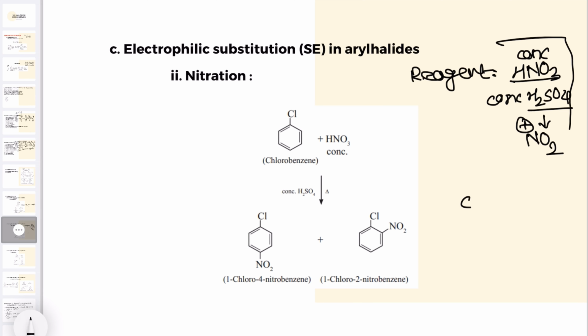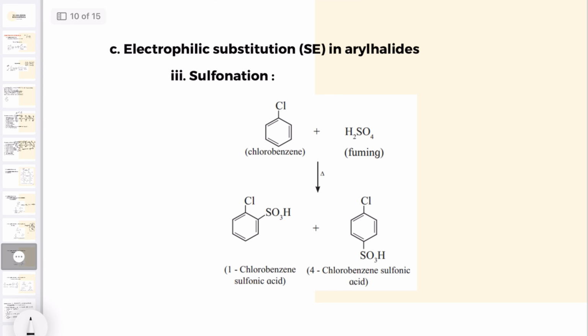So in any reaction of nitration, the mixture of concentrated HNO3 and H2SO4 is added. So when chlorobenzene is treated with HNO3, we get two products again, 1-chloro-4-nitrobenzene and 1-chloro-2-nitrobenzene. Here also two products are obtained, that is ortho and para. Okay, these are obtained in the same proportion.